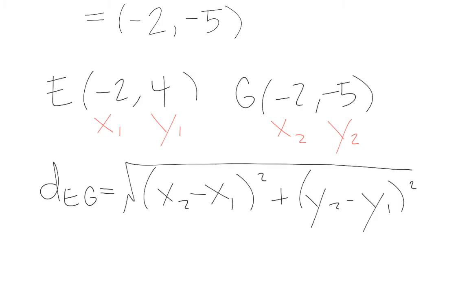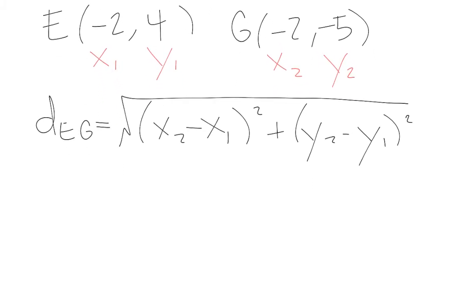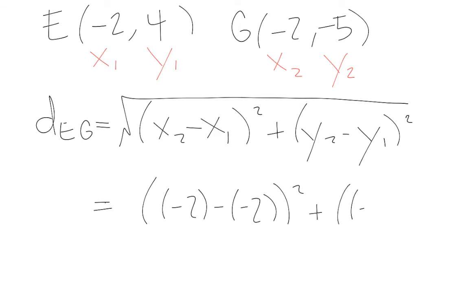At this point, all you need to do is substitute in your values. So let's go ahead and do that. I'm going to have -2 subtract -2, and I'm going to have -5 subtract 4.